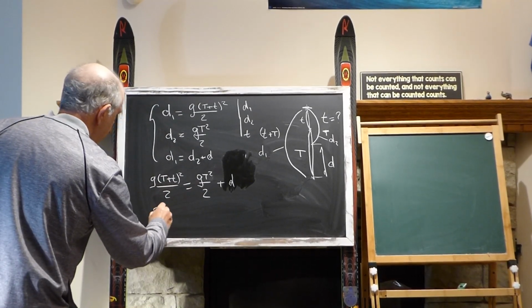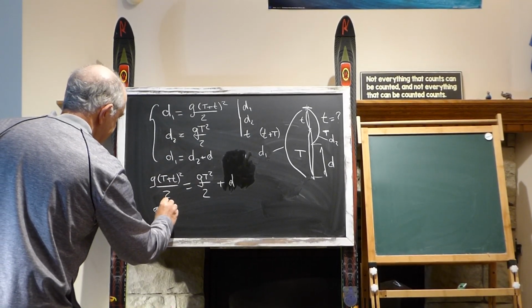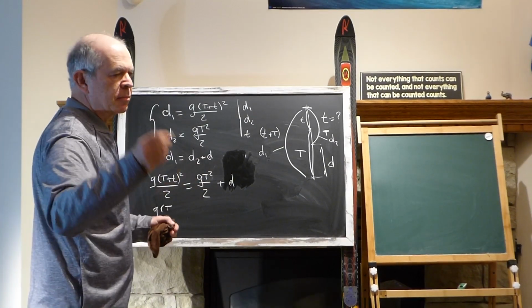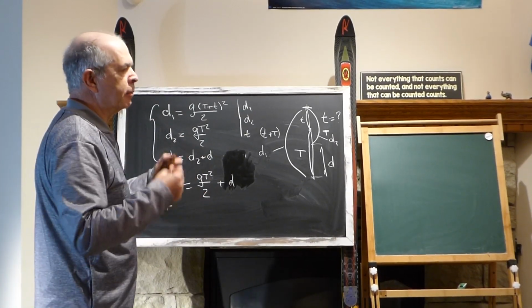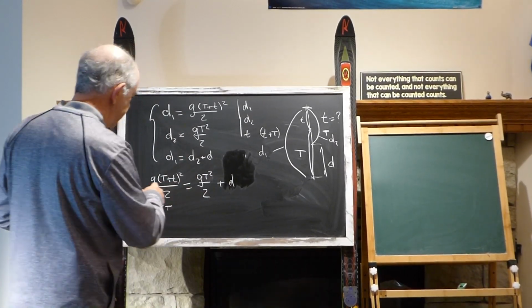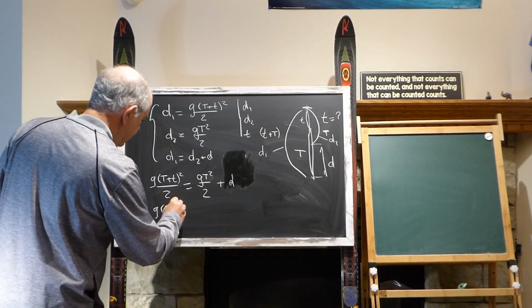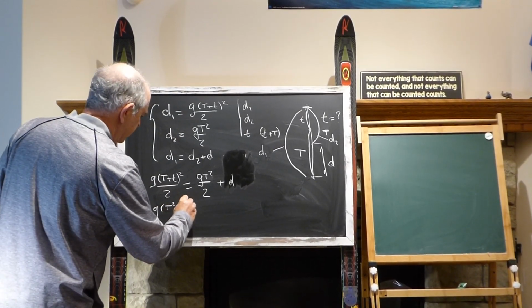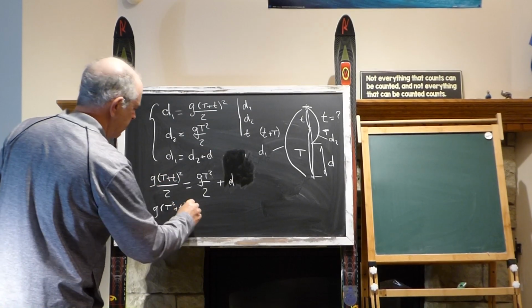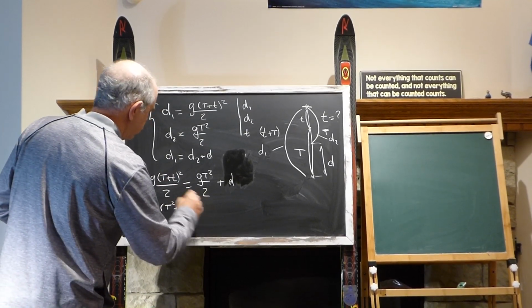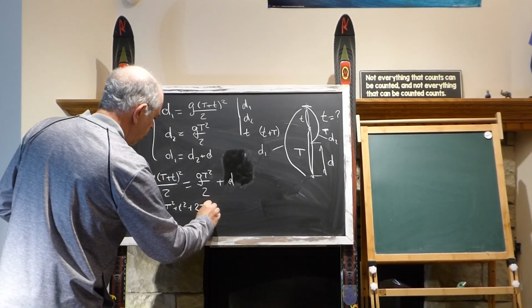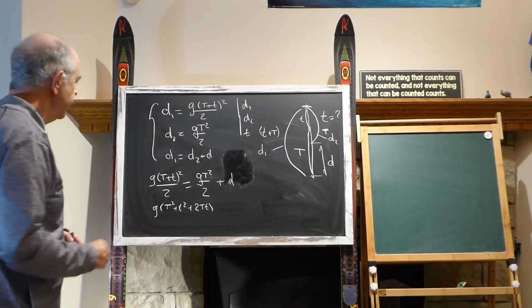So we have g, and inside the brackets, (a plus b) squared equals a squared plus b squared plus 2ab. So it would be T squared plus t squared, because this is a and this is b, and plus 2T t lowercase, right?